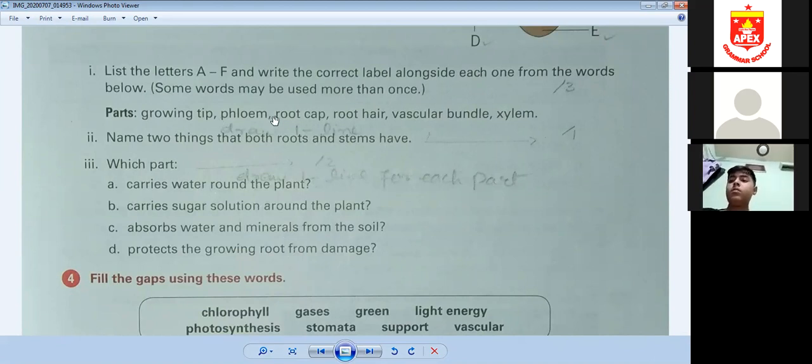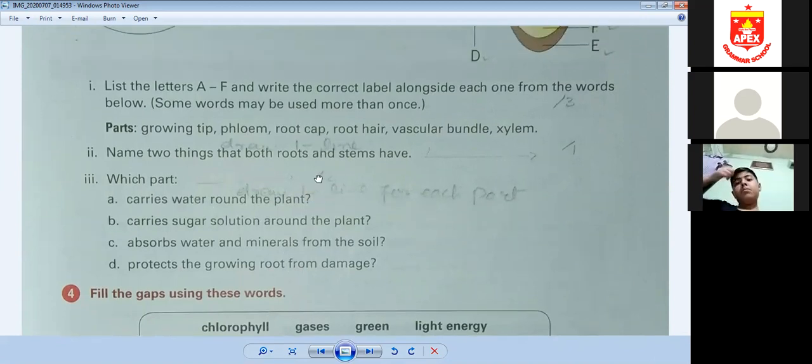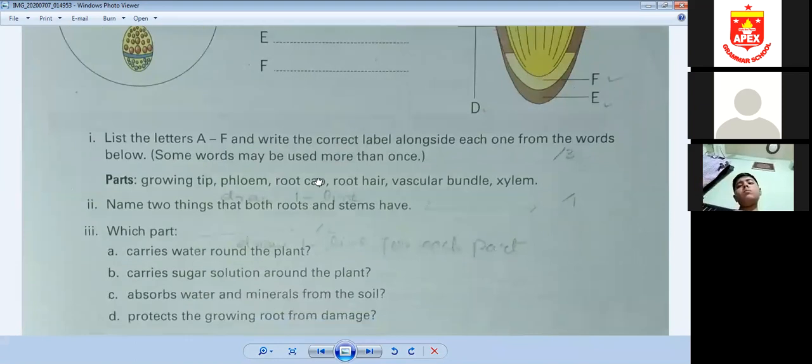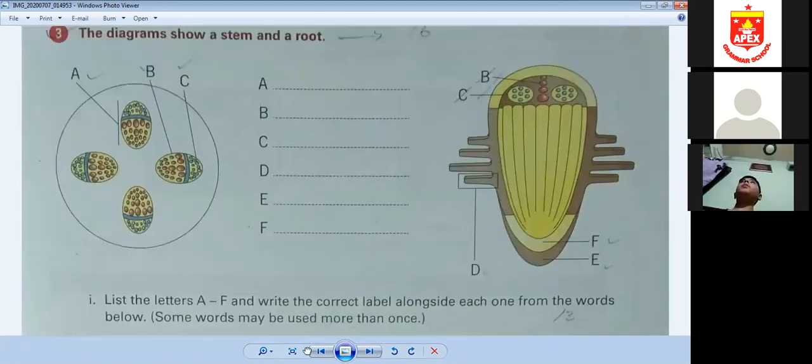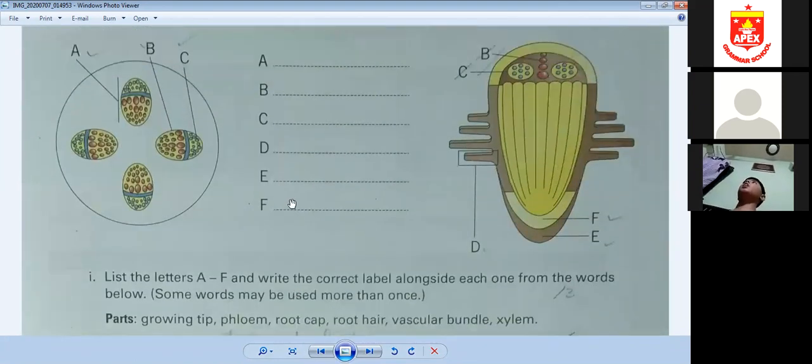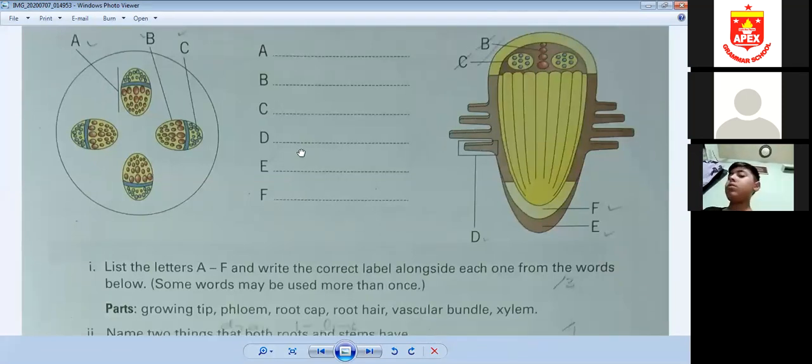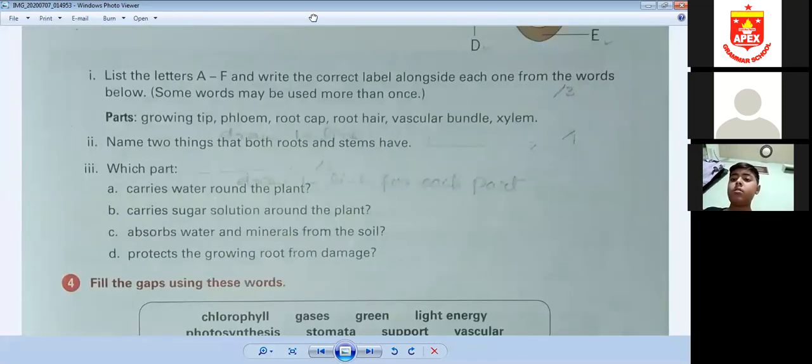These words are given, which we have put in the diagram. I will show the diagram. These words are given, which we have chosen, and write in these blanks: A part, B part, C part, D part, E part, and F part. So you have already done this question number 1.